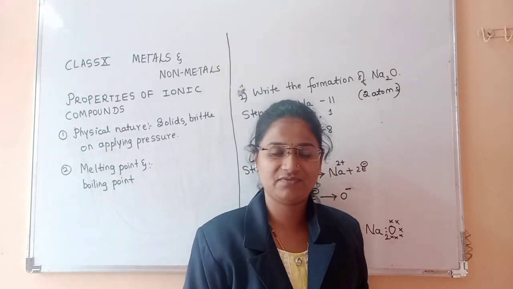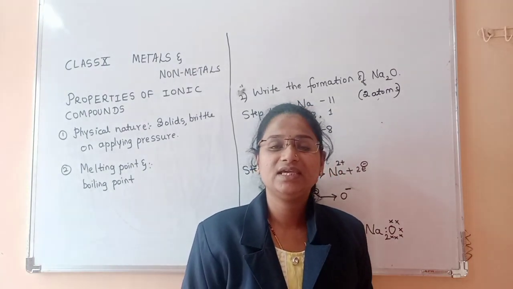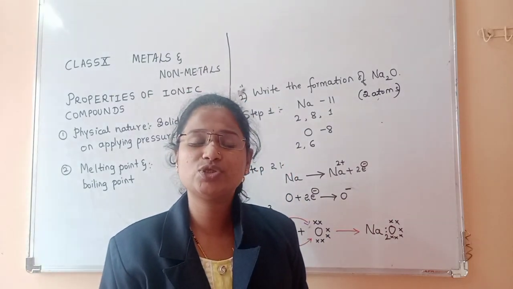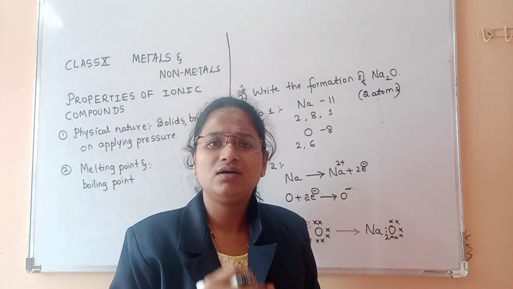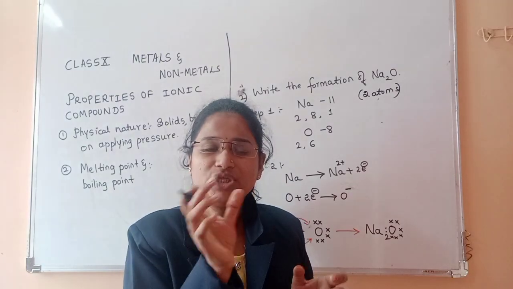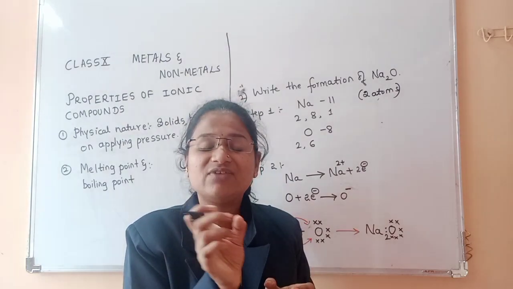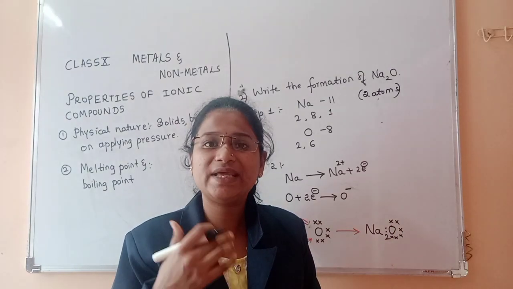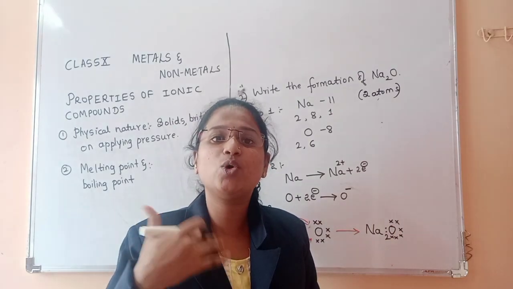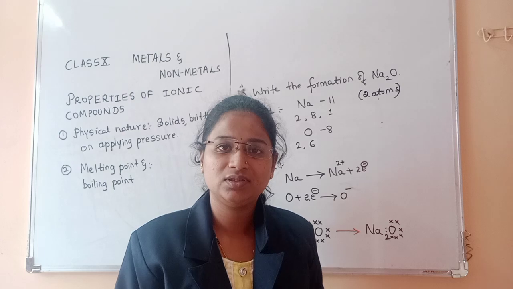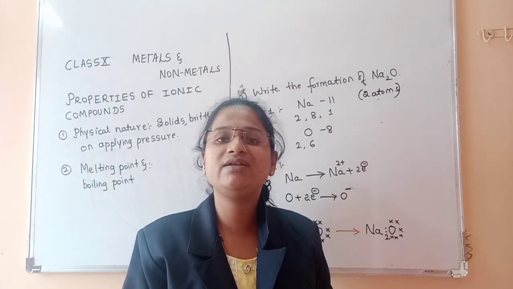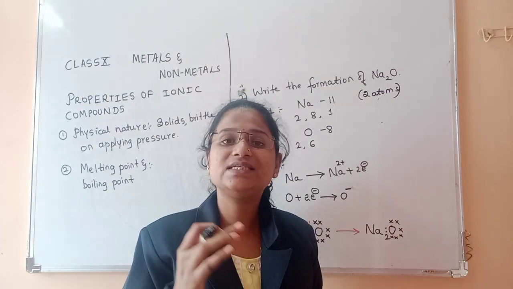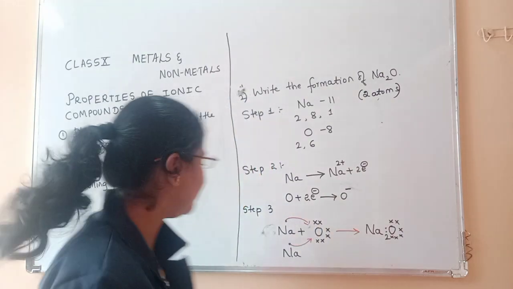Inter means in between the ions. That inter-ionic force will be very strong, so the ions will not break very easily. When the ions do not break easily, we have to provide more heat to melt them. So due to strong inter-ionic force, they have high melting and boiling points.